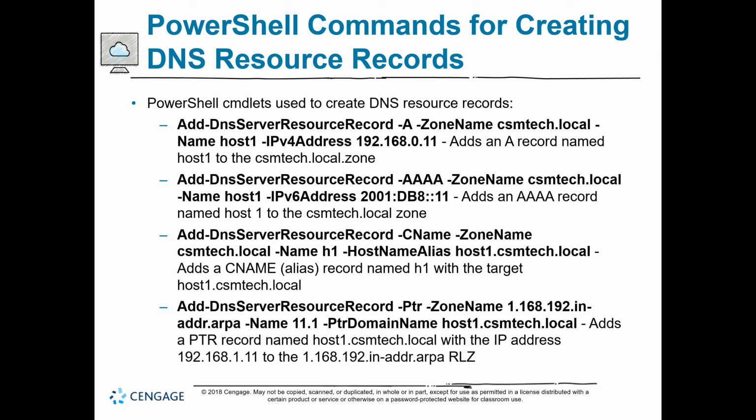So the next one is to add a CNAME alias record, and that one is named H1 with the target host1.CSMTech.local. And the next one is your PTR or pointer record for the named host1, the one above it, with the IP address there, and then there's the pointer underneath it.